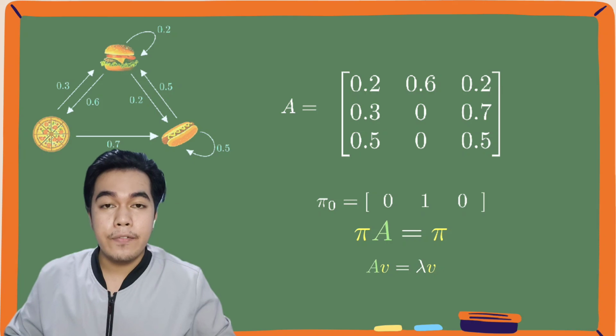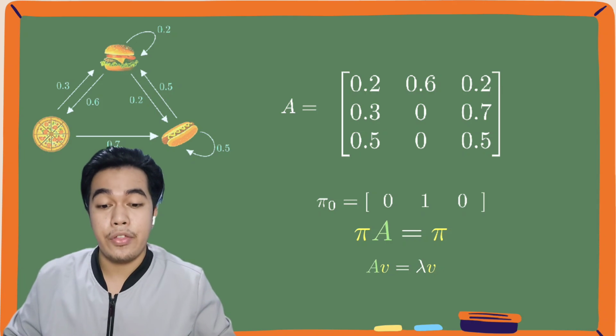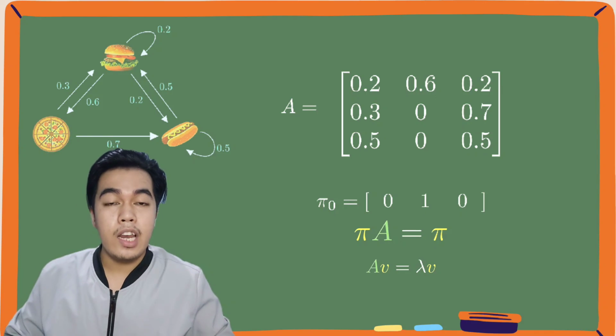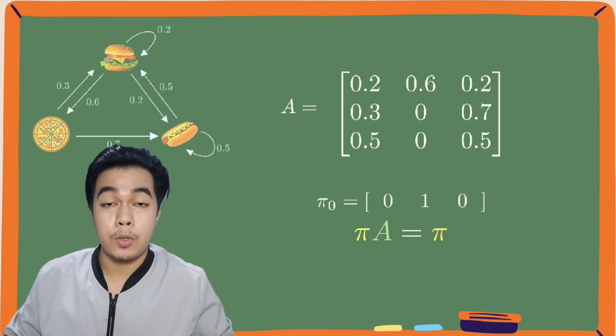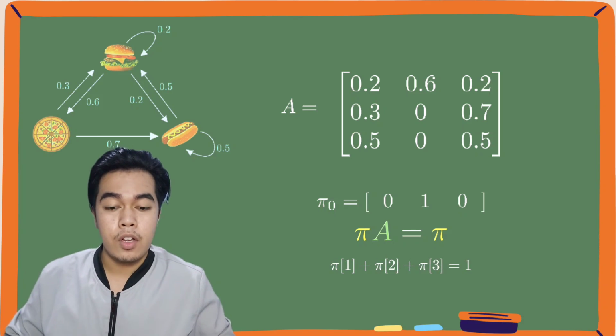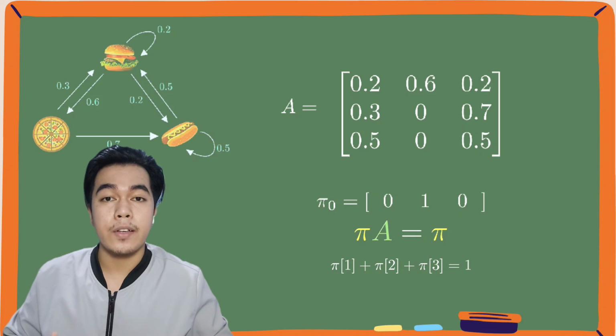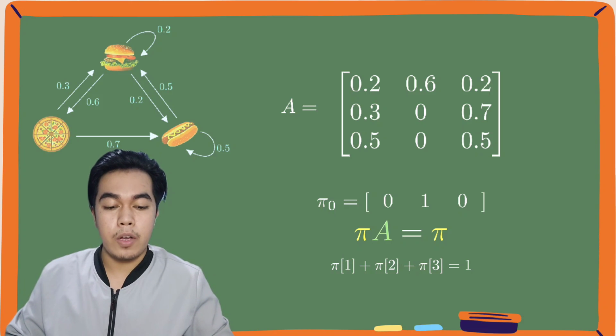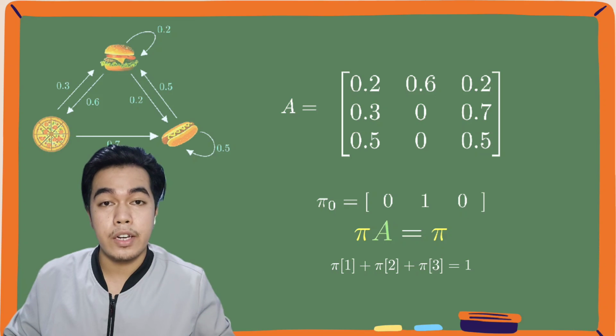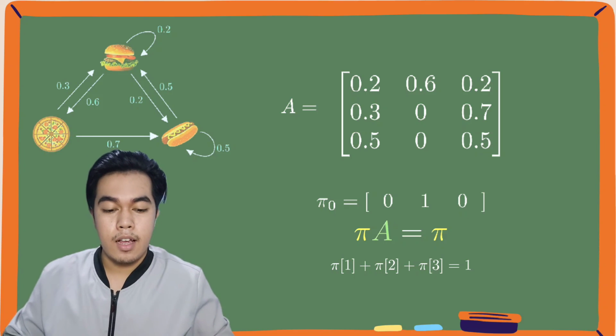Now, the eigenvector must satisfy another condition. The elements of pi must add up to 1 because it denotes the probability distribution. So after solving these two equations, we get the stationary state as this.